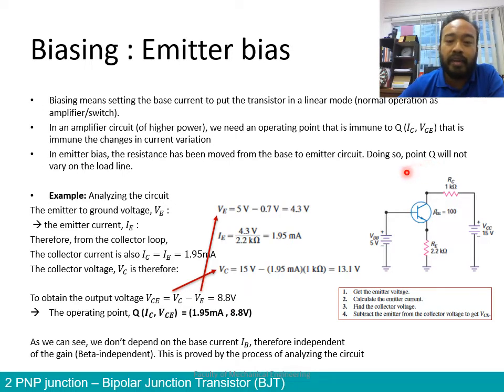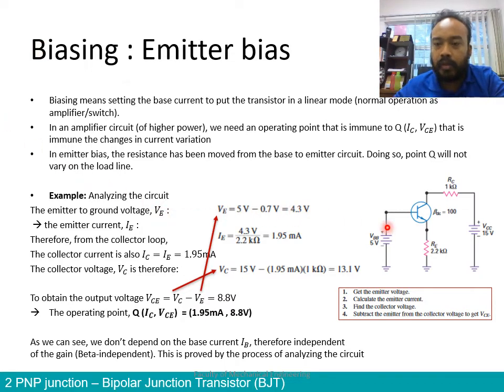So you do not have, as we mentioned just now, the load line where the point Q could vary along the line, right? But in this emitter bias, we'll see that that will not be the case. So in order to illustrate that, let's have a look at an example.